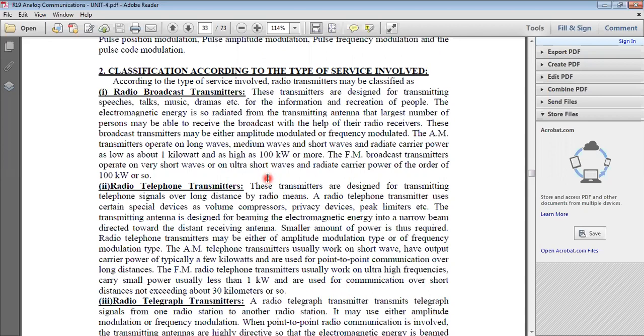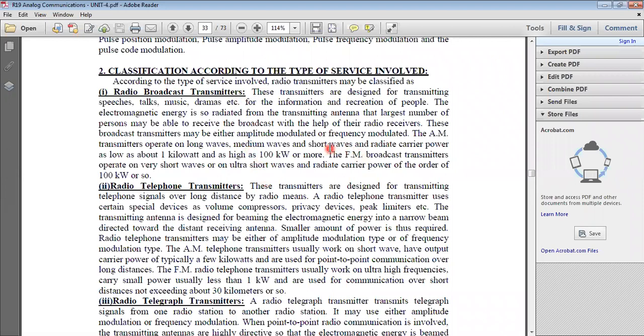In radio broadcasting, that is for long waves, medium waves, short waves, and VHF and UHF, there are two types: AM radio broadcasting and FM radio broadcasting.